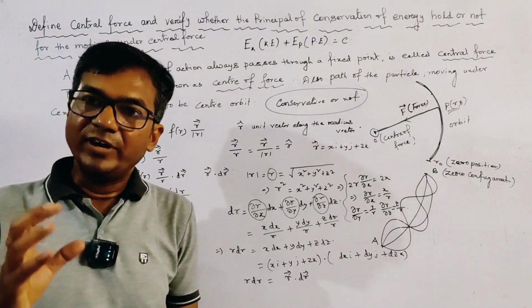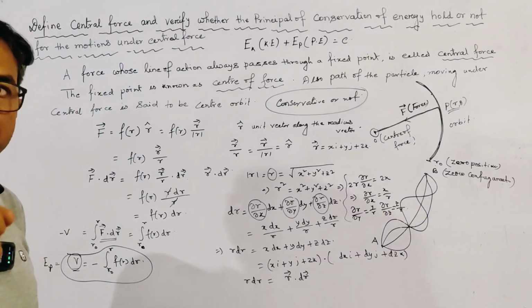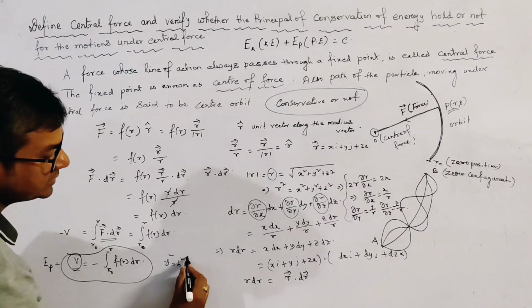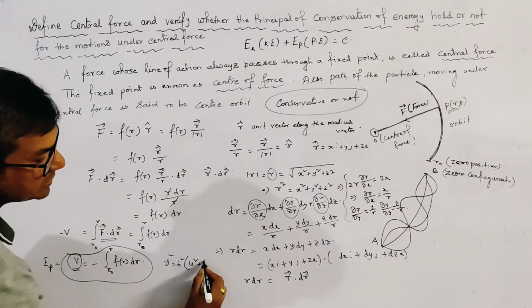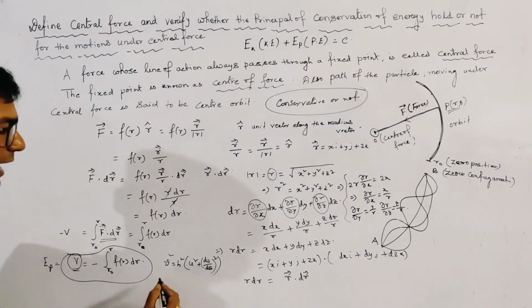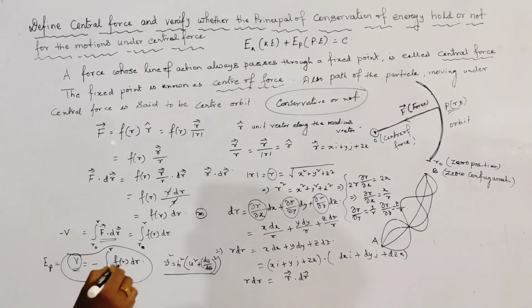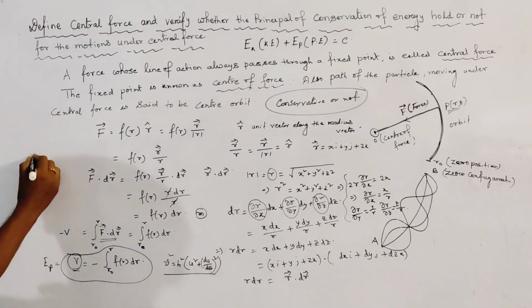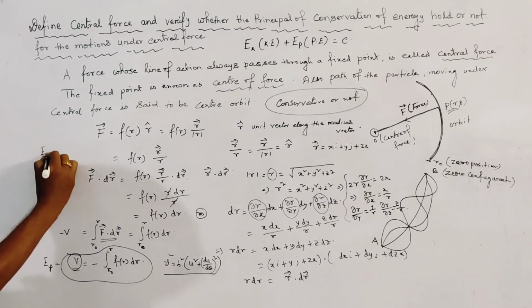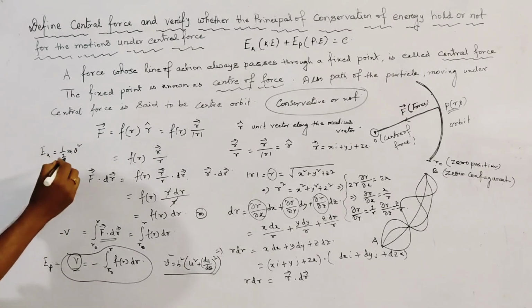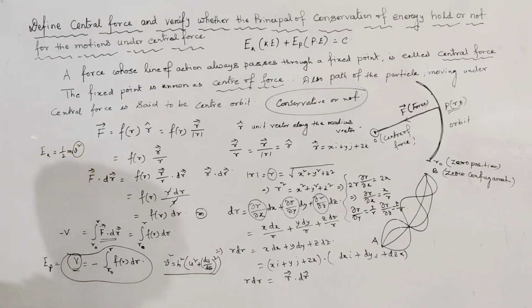We know that the velocity expression in central force is v square equal to h square into u square plus du d theta whole square. And if m be the mass of the particle, then the kinetic energy Ek is given by half m v square, and we put here the value of v square and the value of Ep.